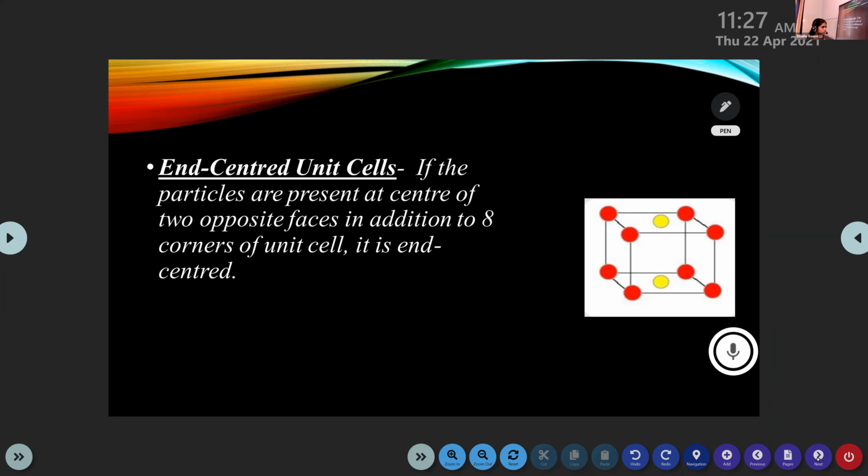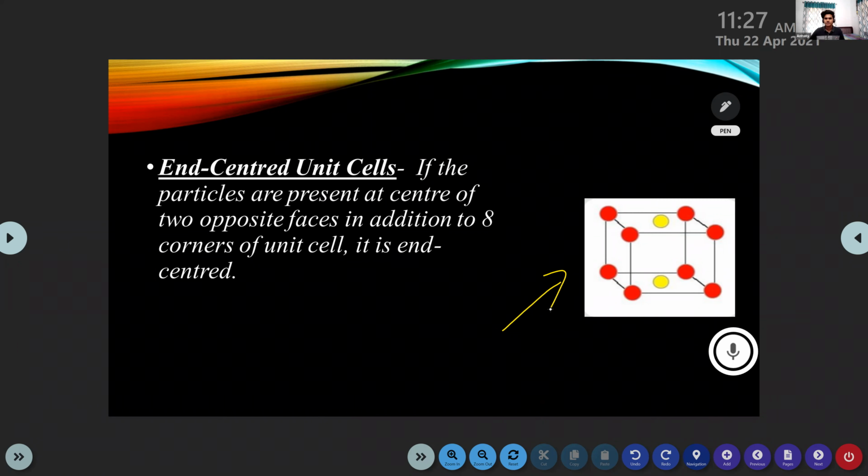End-centered unit cell. Do you have any idea from this image? Which positions are occupied by this particle?